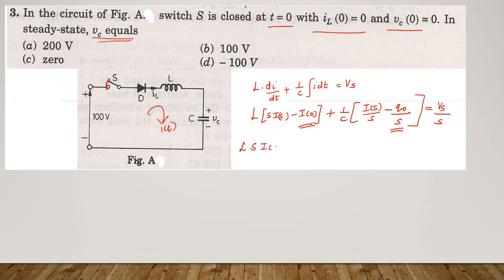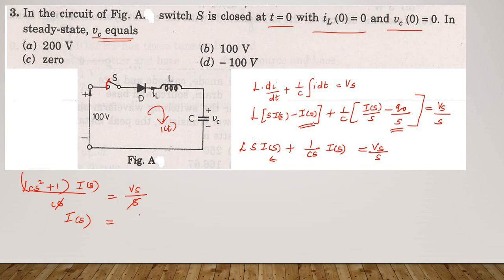So what is the equation? L into S into I of S plus 1 by CS into I of S is equal to Vs by S. Now have to cross multiply this. So (LC S square plus 1) into I of S divided by CS is equal to Vs by S. S is cancelled.